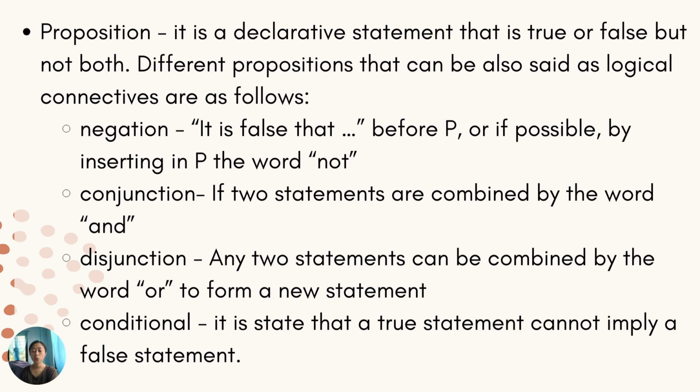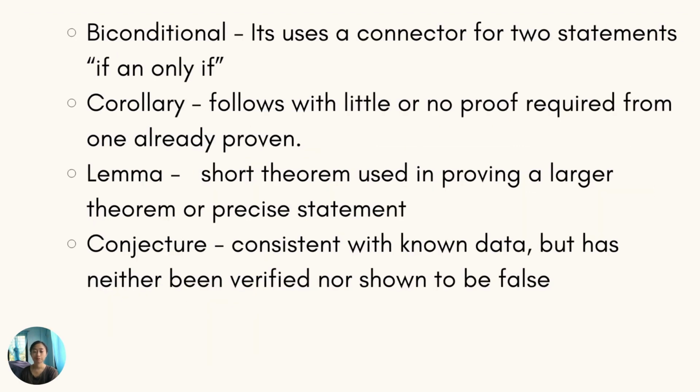Disjunction: any two statements can be combined by the word or to form a new statement. Conditional cannot imply a false statement. So again, we are simply defining these terms. By conditional, it uses a connector for two statements, if and only if.